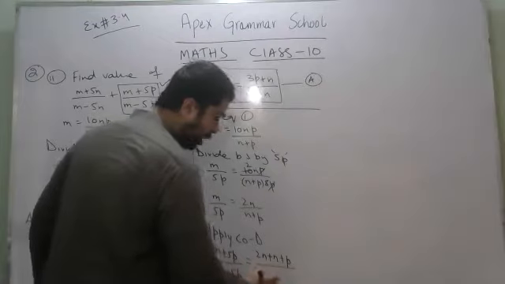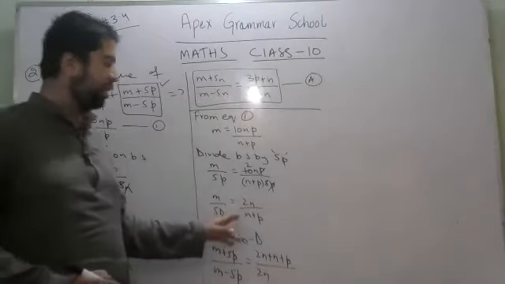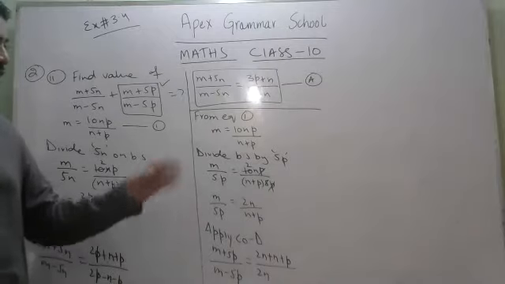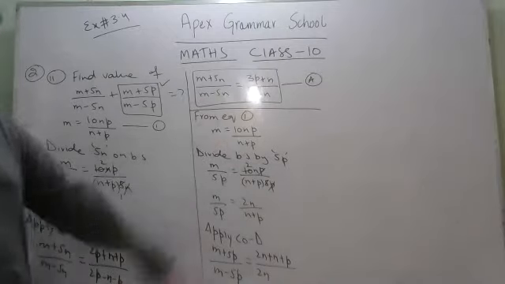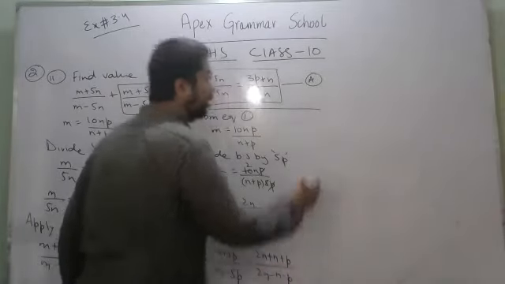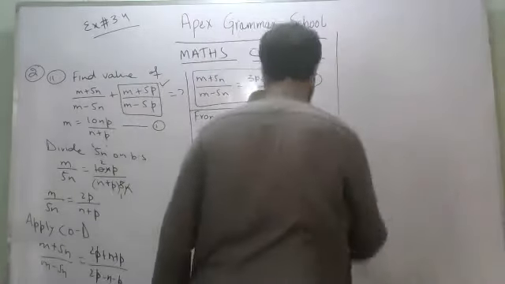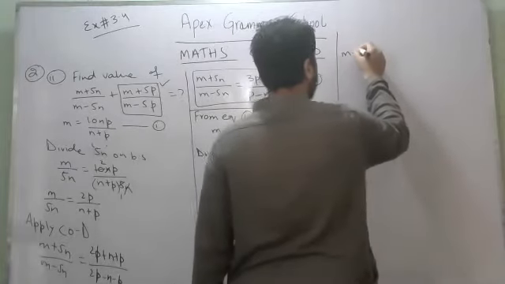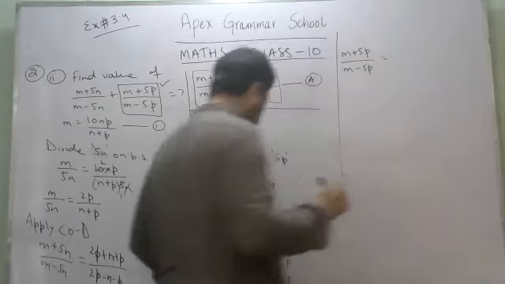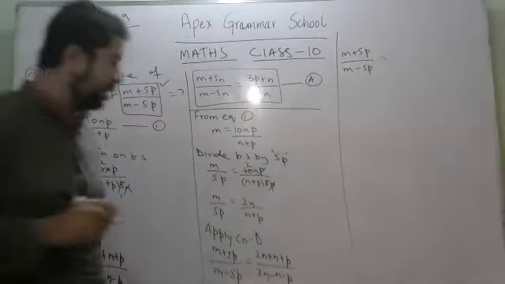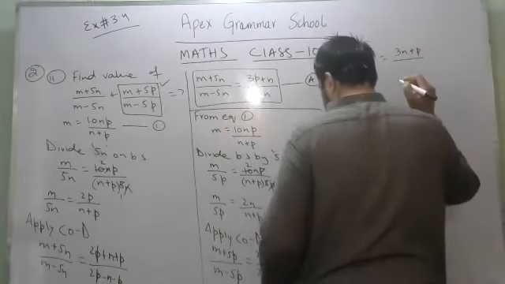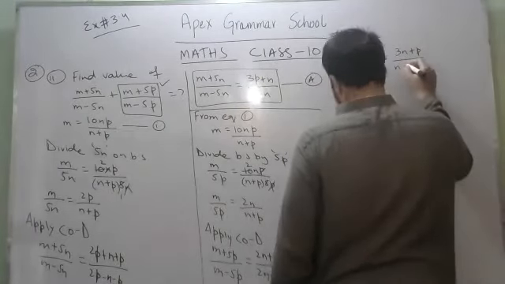And after the minus sign you would need to apply brackets, but I'm doing this directly because of some space problem. So I change all these signs. Finally, m plus 5p over n minus 5p is equal to 3n plus p divided by 2n minus n, that is n minus p.